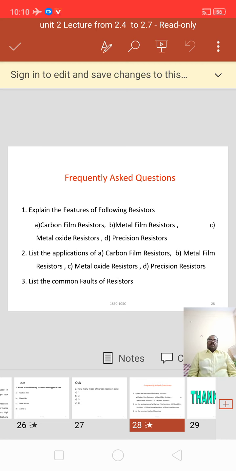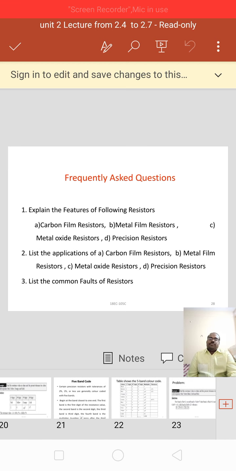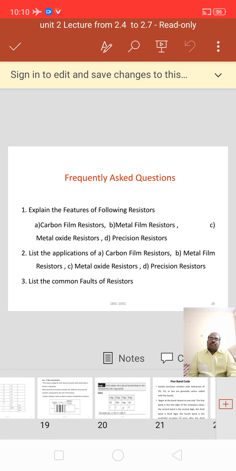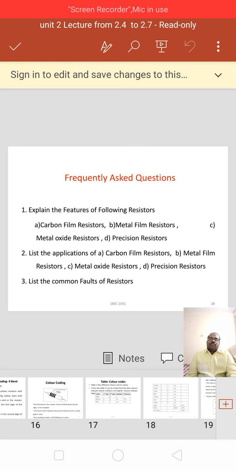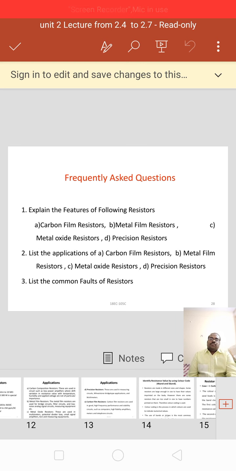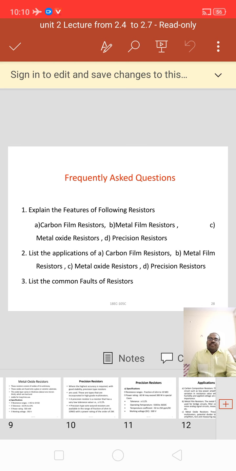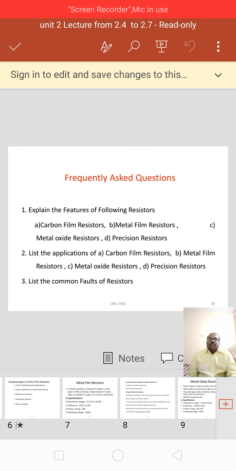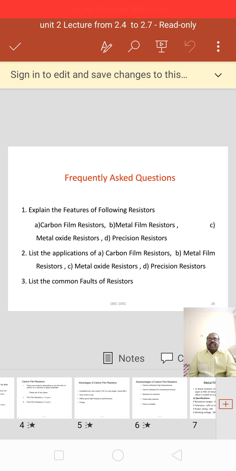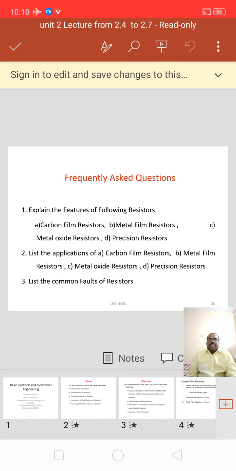Let us have a glance or review of today's class for 5 minutes. In this class we have learned about the features of different types of resistors.